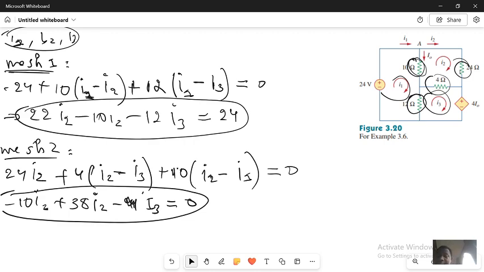Now if I come to mesh 3, I will have the voltage across this 12 resistor. It's going to be 12 multiplied by, since I am in mesh 3, I3.